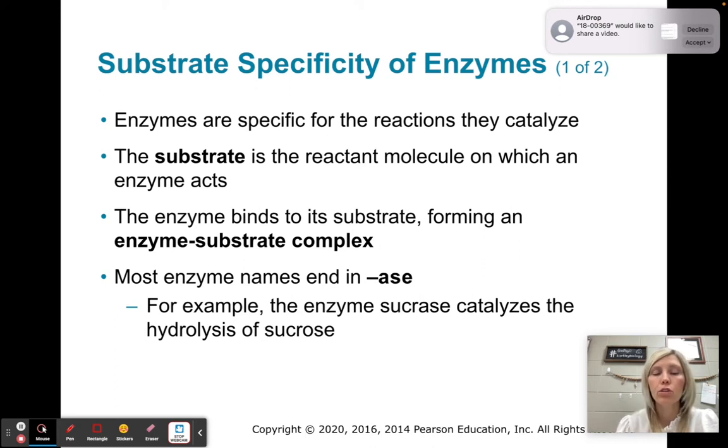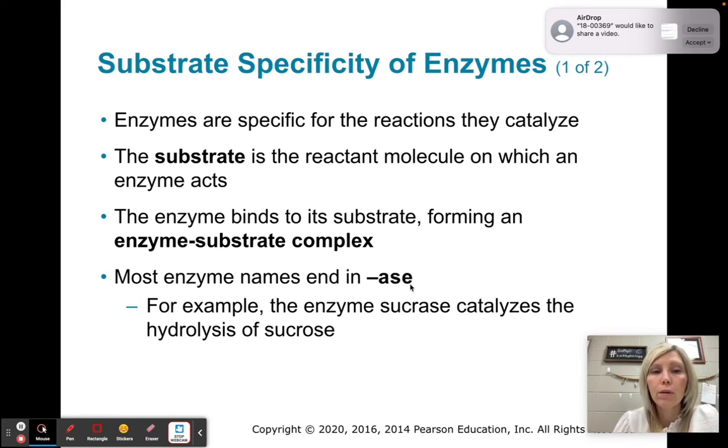They might be positively charged or negatively charged, but the interactions between those R groups of the amino acids on that tertiary structure of the protein are going to result in a specific fold or a specific active site in this particular spot of the enzyme where a substrate can actually bind. So the substrate is whatever molecule the enzyme is interacting with that binds together. And then when those two things come together, we call it an enzyme-substrate complex.